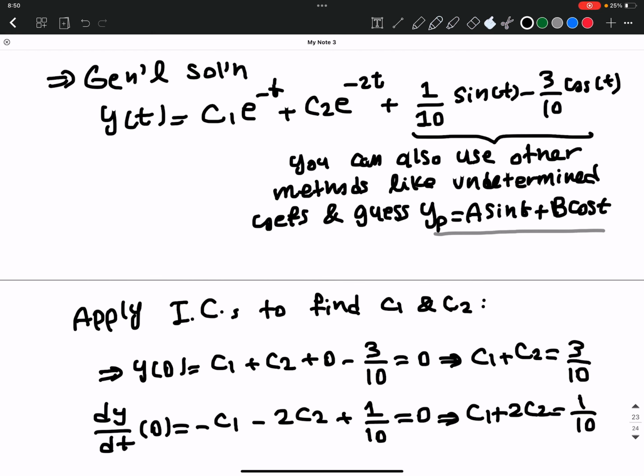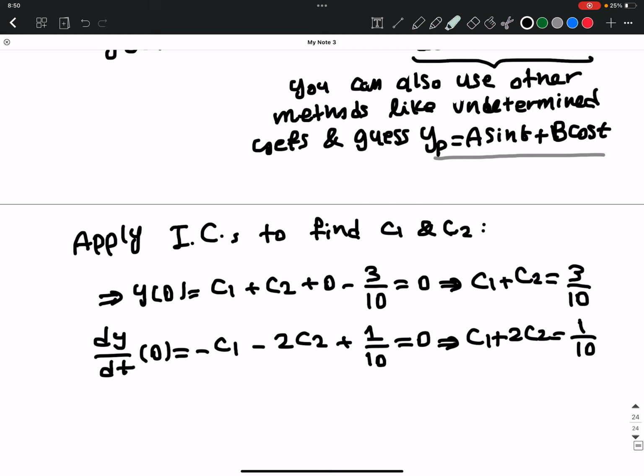Right? So now I have two equations and two unknowns. If you subtract these two from each other, you will get C2 very simply: C2 should be minus 2/10. And then C1 should be 5/10.